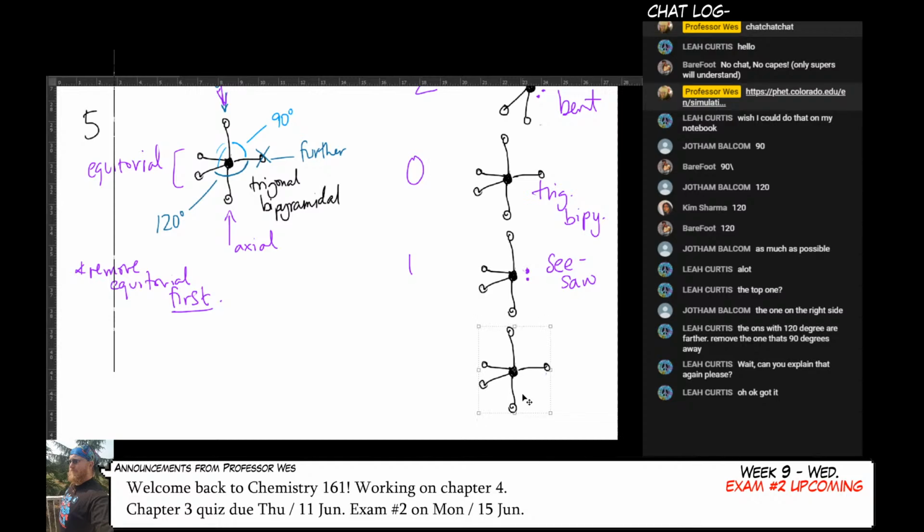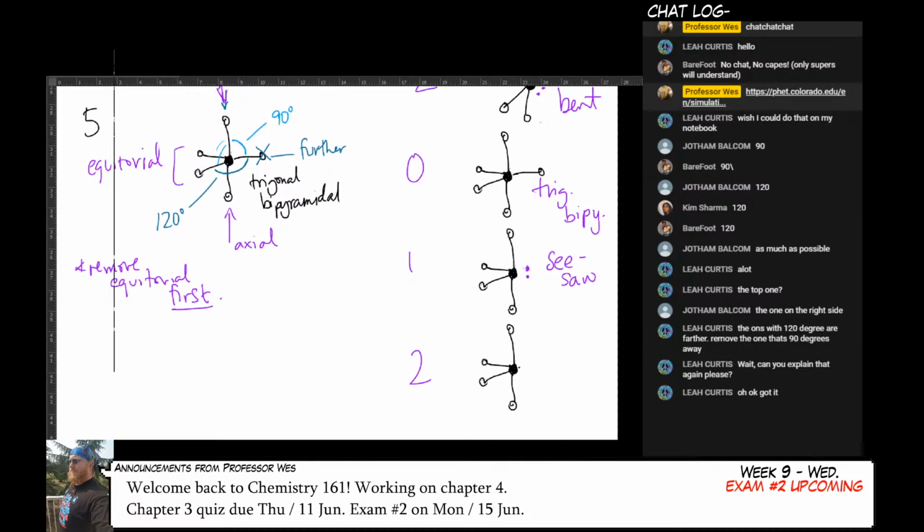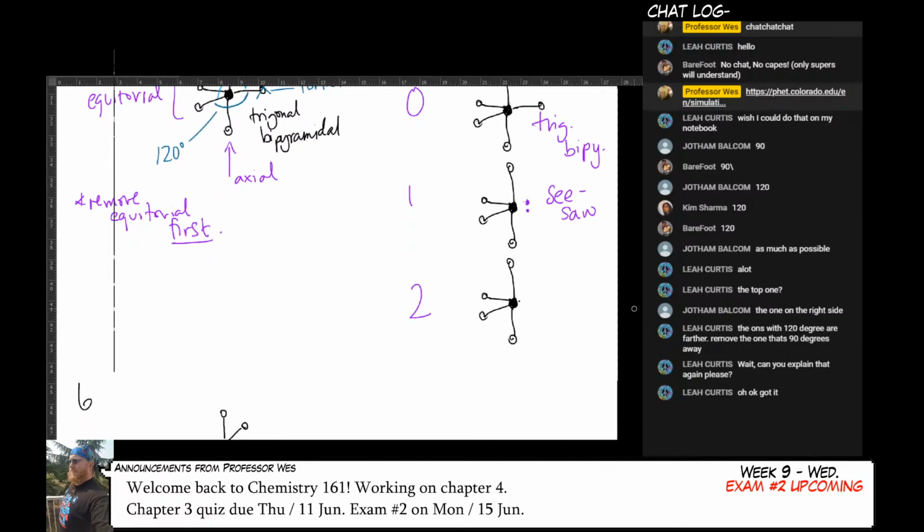All right, so let's do 2. We're going to erase the same that we did before. There it goes. It's gone. And then when we remove a second one, for the same reason, we're going to remove another equatorial one because the equatorial ones are 120 degrees apart.